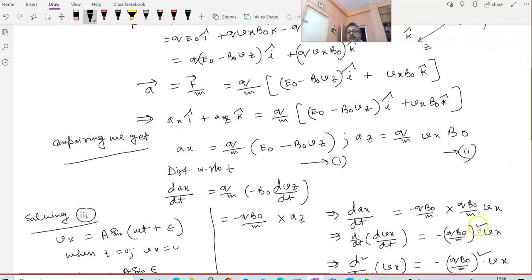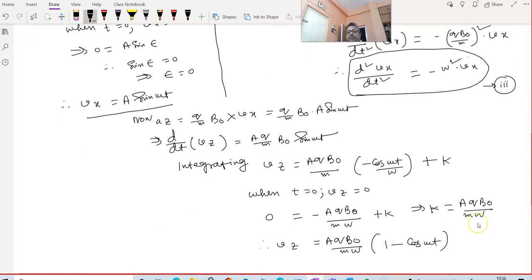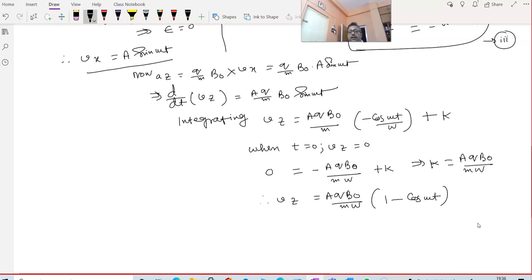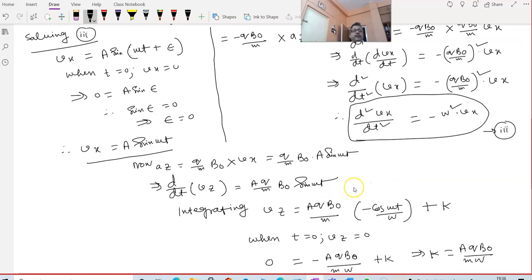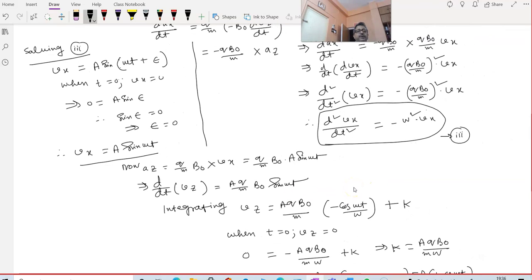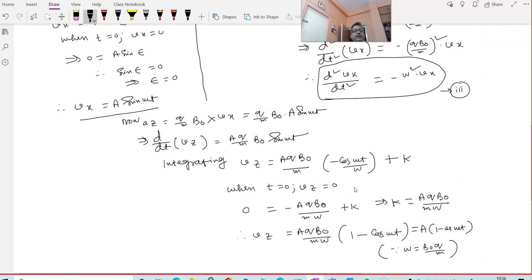Here I got the same thing, B Q0 by m. So you can put it there. If we put, then it is going to be A into omega. Now, what is the value of A? A we did not find. Capital A we can find from here. I found epsilon only. I forgot to get the value of capital A, but capital A we are going to find.